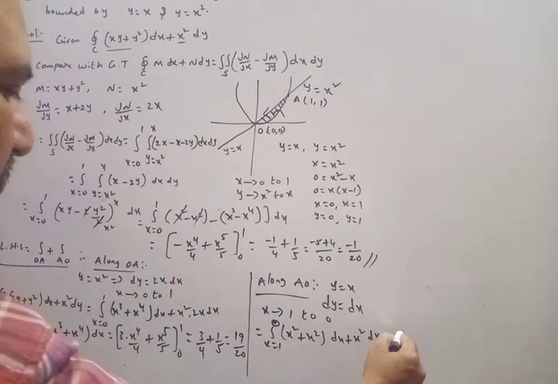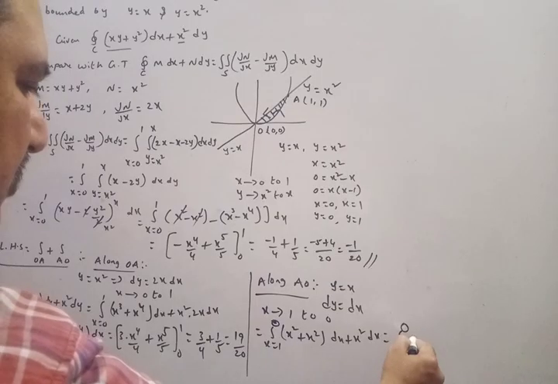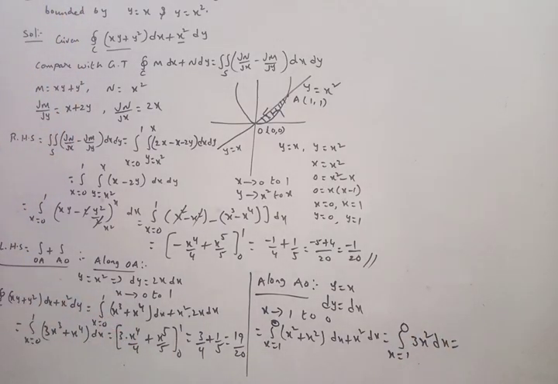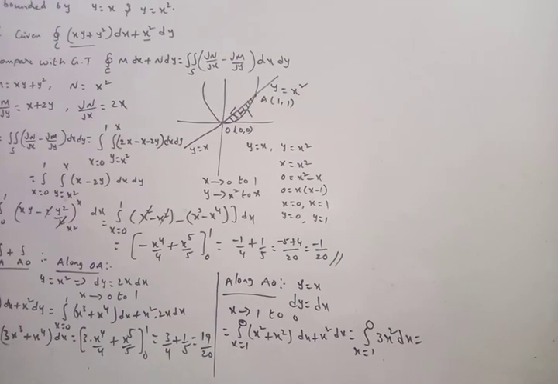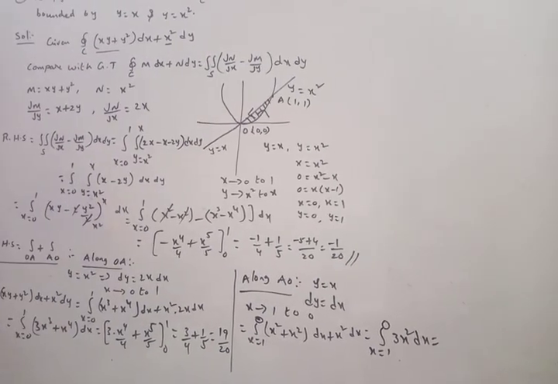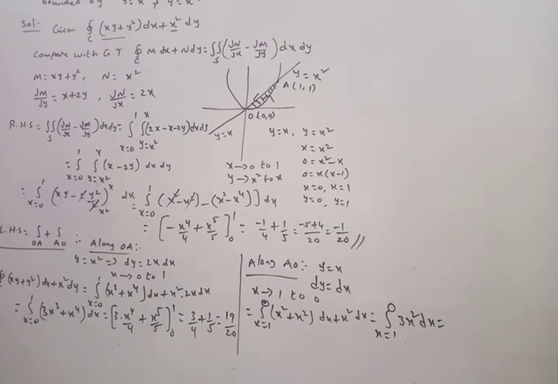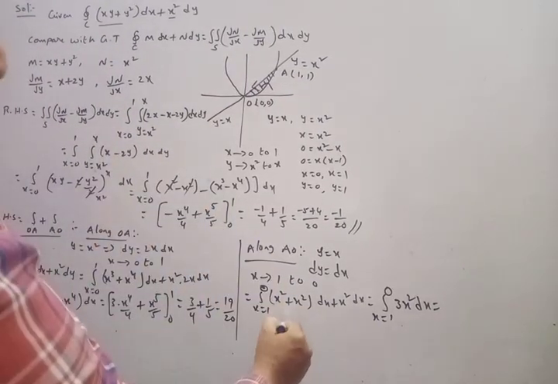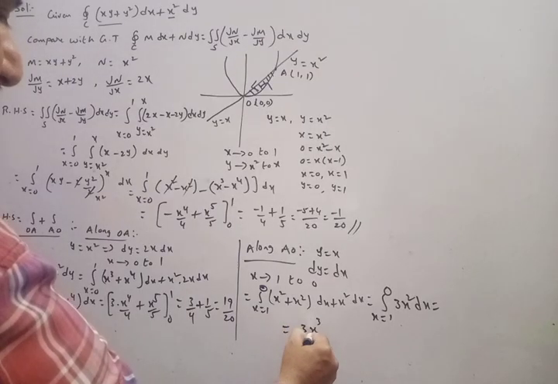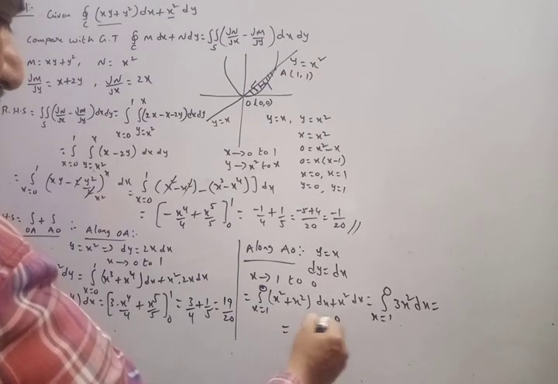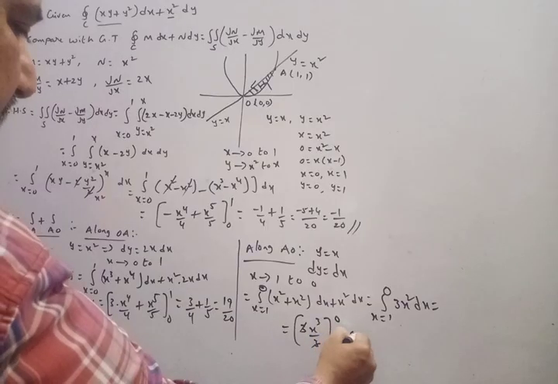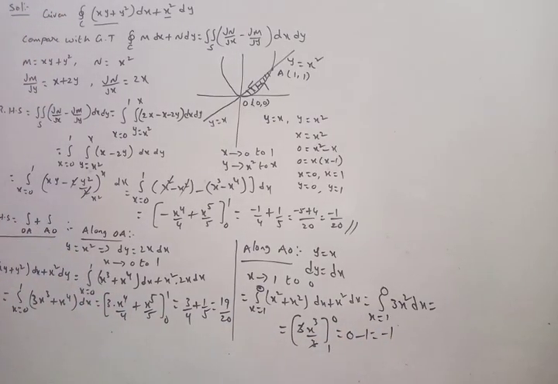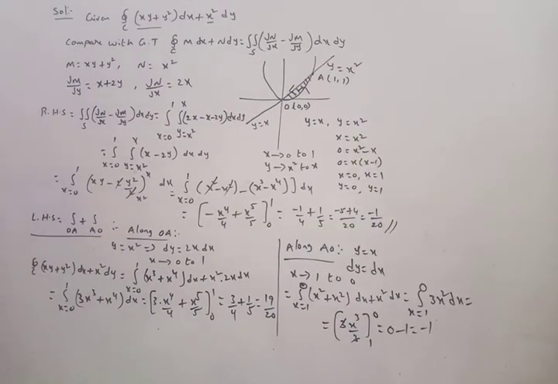So this is equal to x is equal to 1 to 0, 3x square dx. So what I get here, 3 into x cube by 3, limits are 1 to 0, 3 cancels, upper limit 0, lower limit gives minus 1. So I got minus 1.